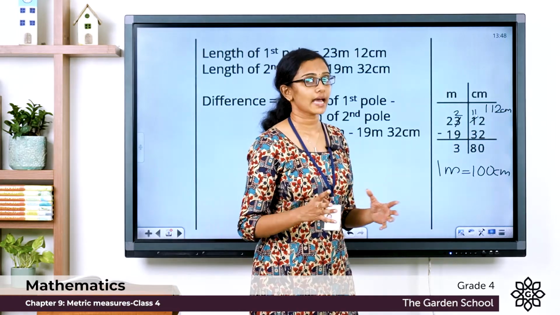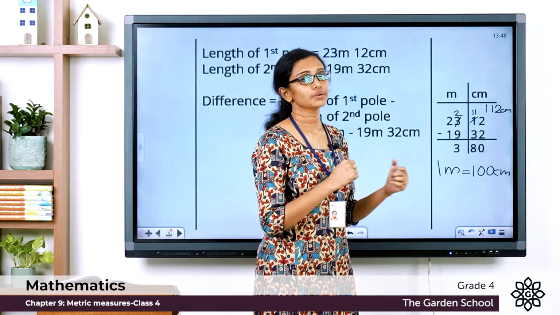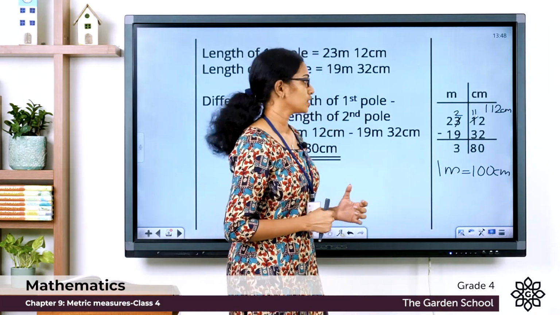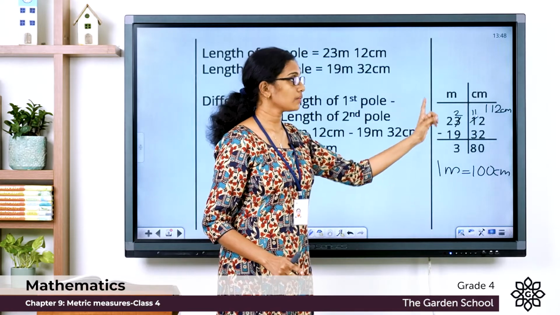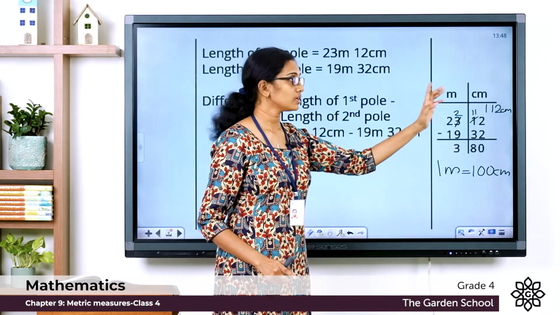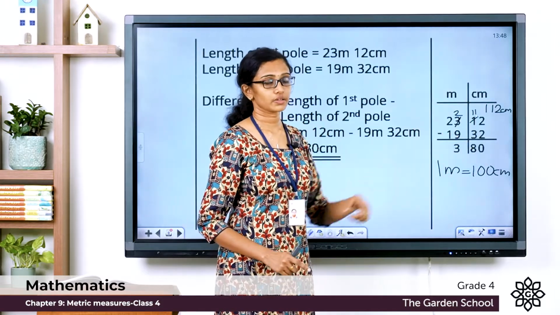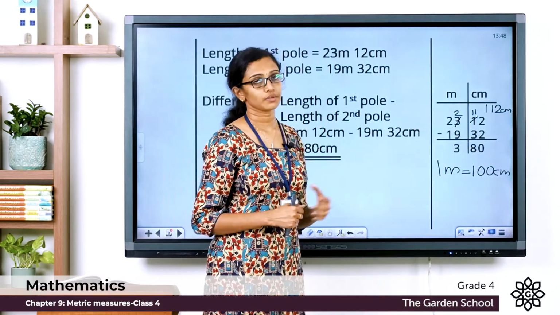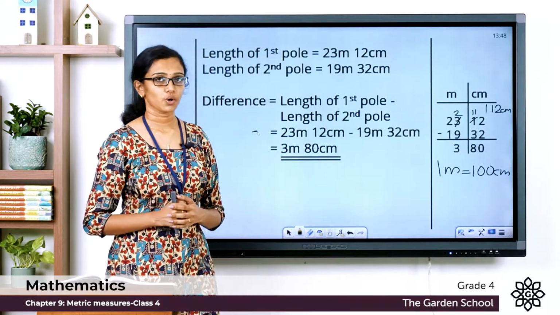So that is actually what is happening, but you can do the subtraction like you do in regular cases. You should understand that when you borrow 1 meter from the meter column and give it to the centimeter column, it's actually 100 centimeters that you are giving to the smaller column. Keep this in your mind, but you can do the subtraction as normal.